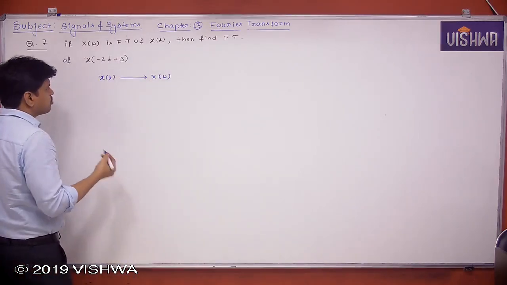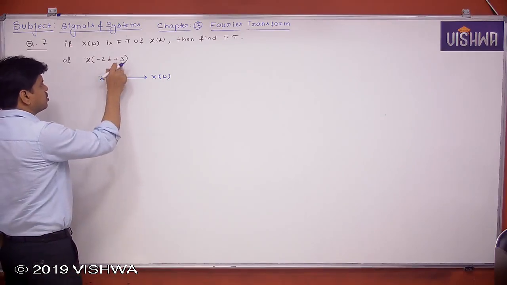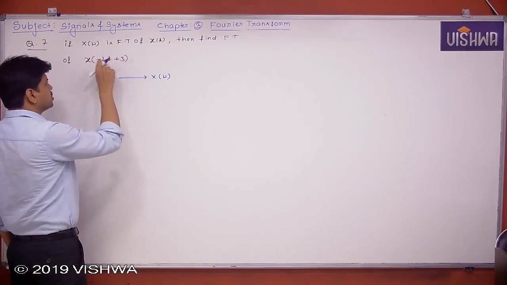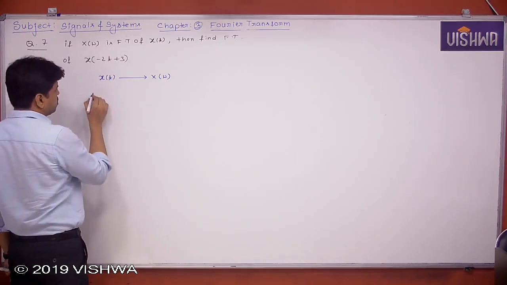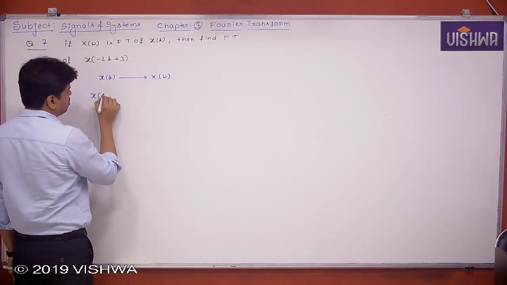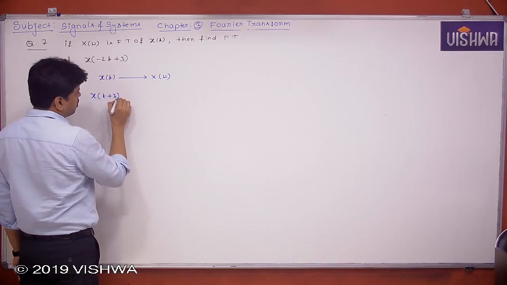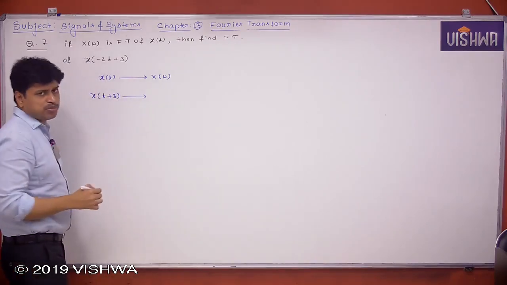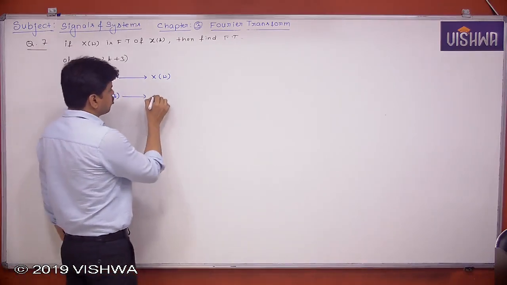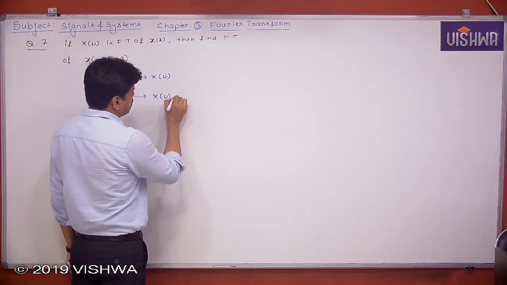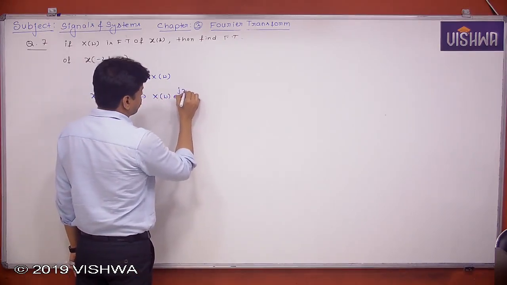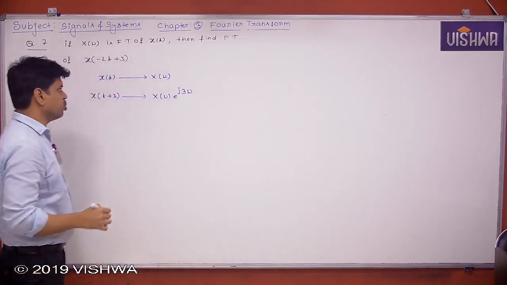So let's see, one by one, the properties I am applying. First I will go for shifting, scaling, reversal. Let's say x of t plus 3. From the time shifting property, it is going to be x of omega e power j 3 omega.